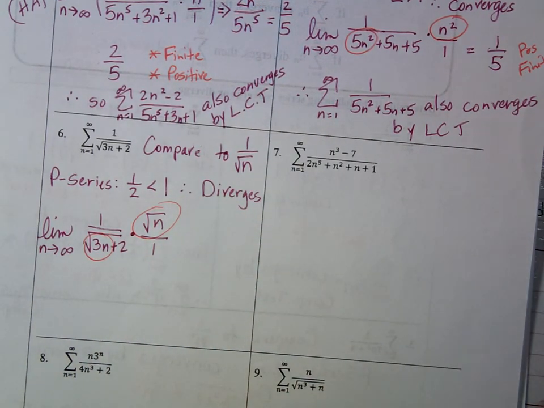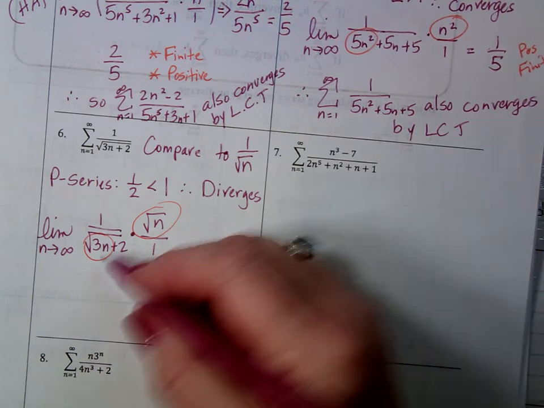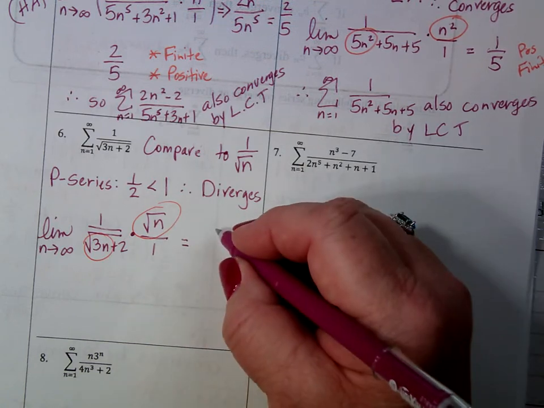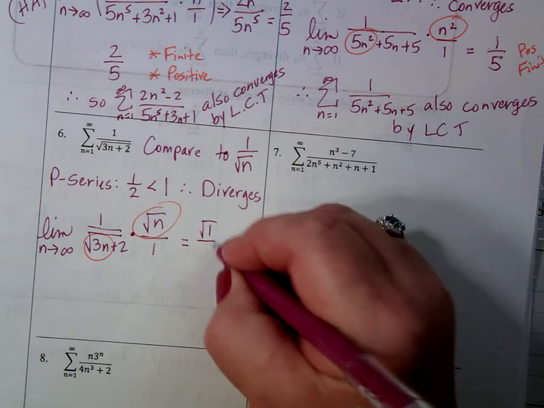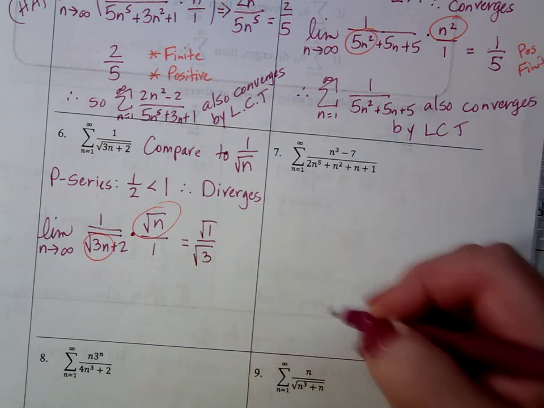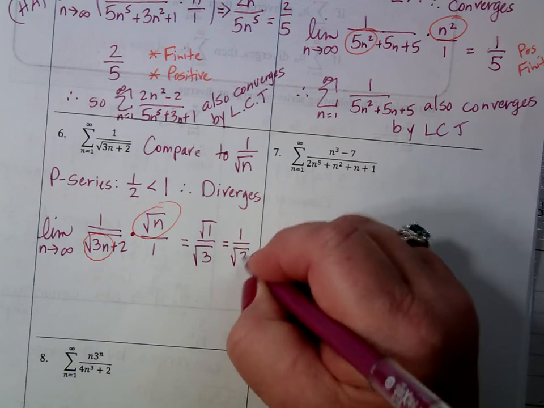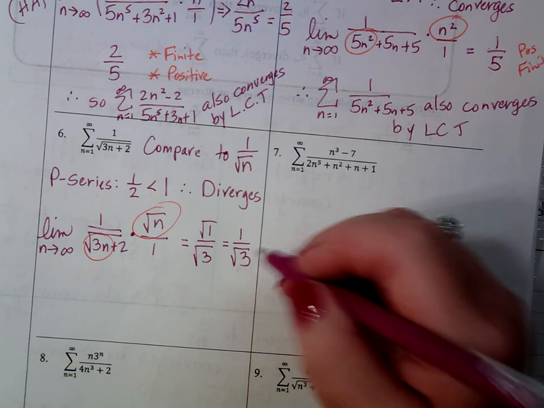And so if I look at that, I'm going to end up with evaluating. Now again, you're talking horizontal asymptotes. The powers are the same, so it's the coefficients when you look at the limit. And so it's going to be 1, or actually I guess I should leave it as the square root of 1 over the square root of 3. But we all know that the square root of 1 is 1, so it's really 1 over the square root of 3. Now, is that positive, and is that finite? And the answer is yes.